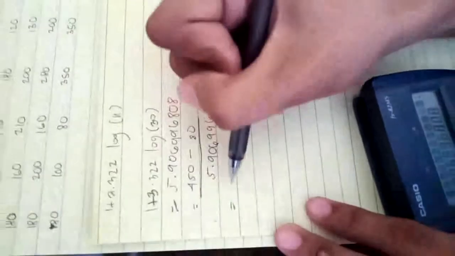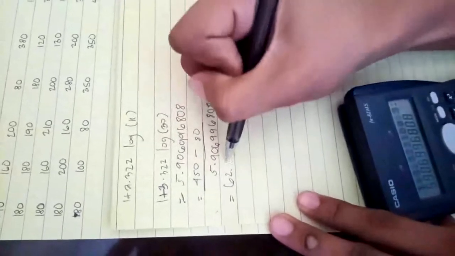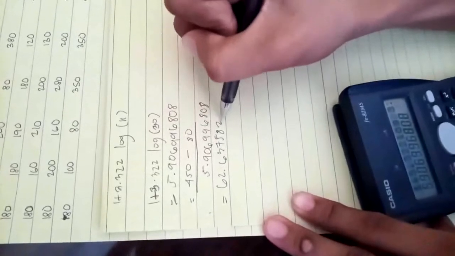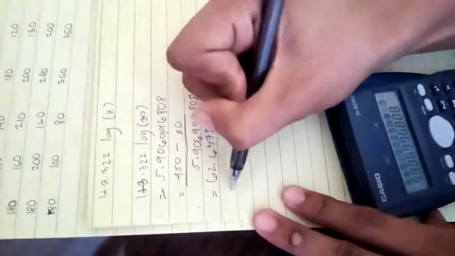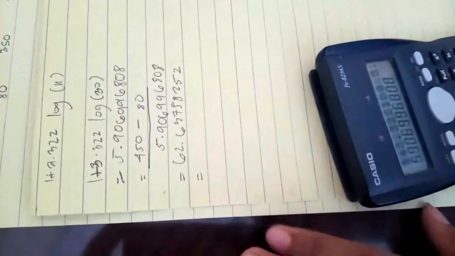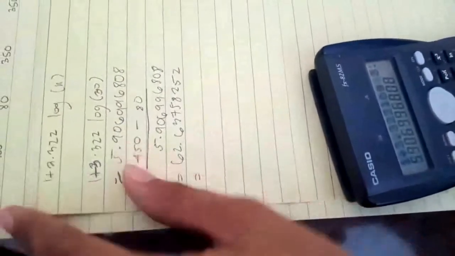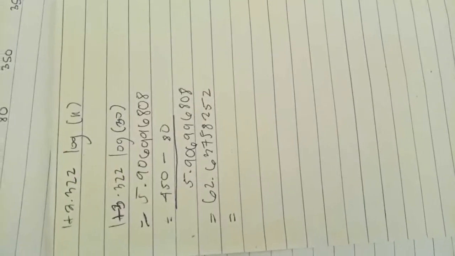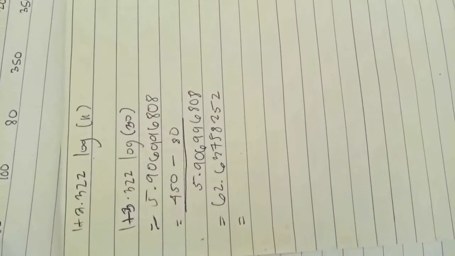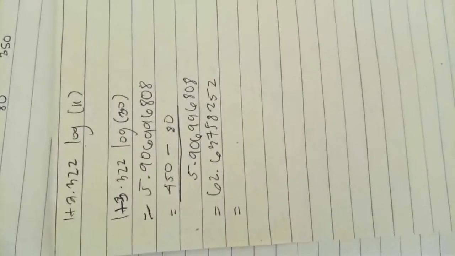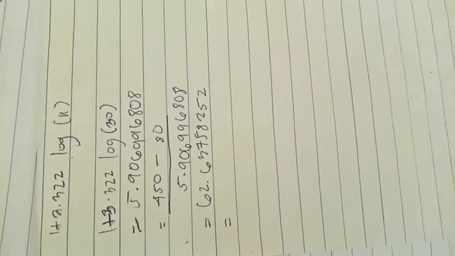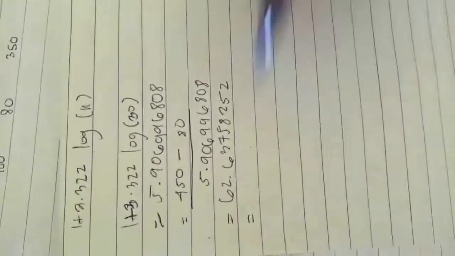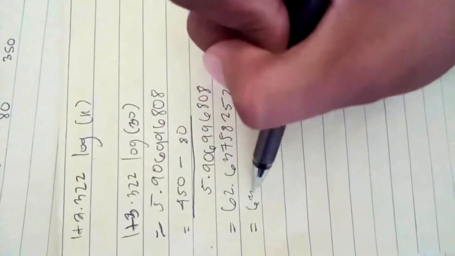Our answer is 62.63758252. Since our answer is an even number, according to the rule of the approximated class width, ACW, the nearest odd number to the answer should be the number used in getting the ACW. So our answer for this is 63.